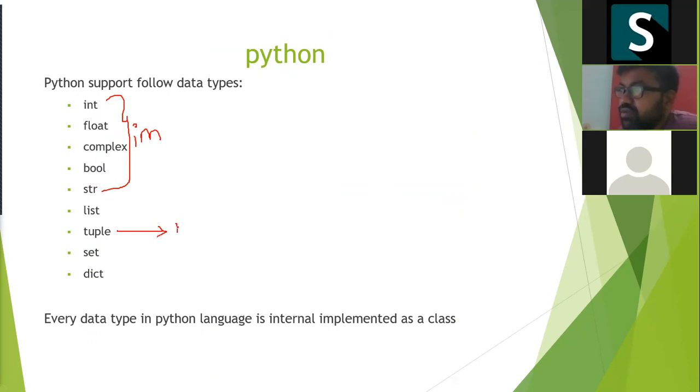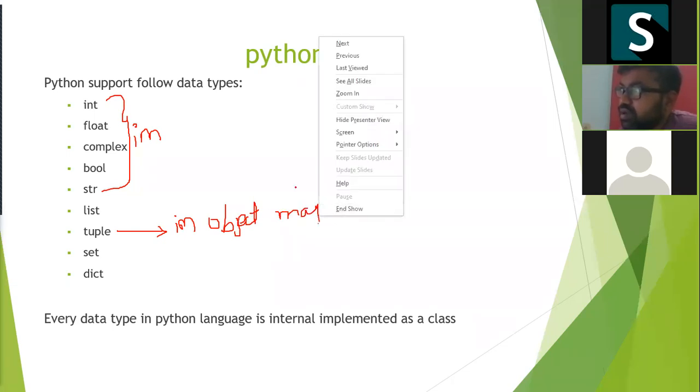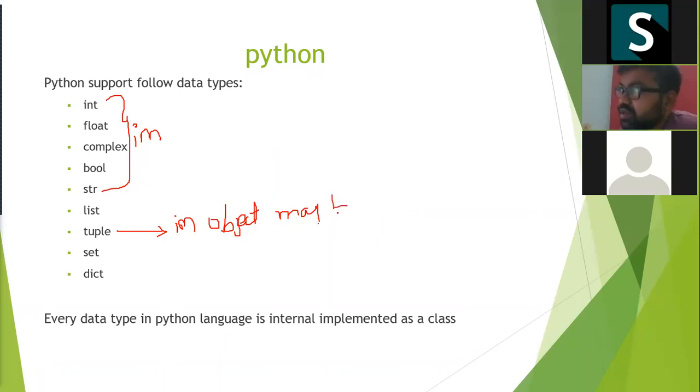Again, tuple is my immutable object, and tuple object elements may be mutable. Why? We will discuss that in our upcoming session. May be mutable because in a tuple I can assign a list.